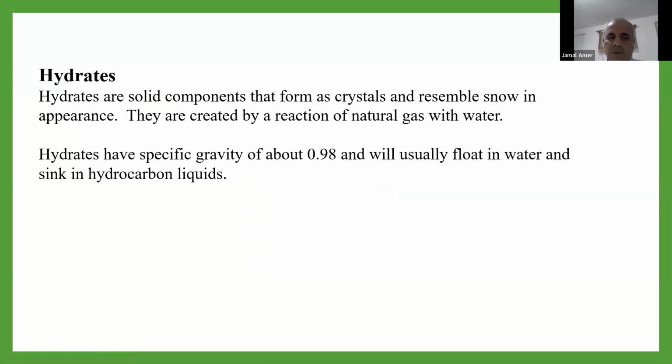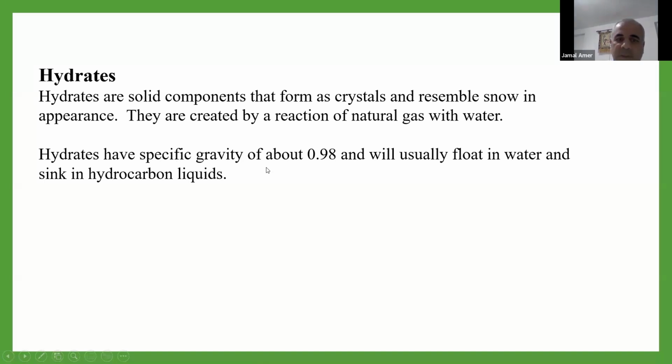So what are we talking about with hydrate? Hydrates are solid components that form as crystals and resemble snow in appearance. They are similar to ice. They are created by the reaction of natural gas with water.